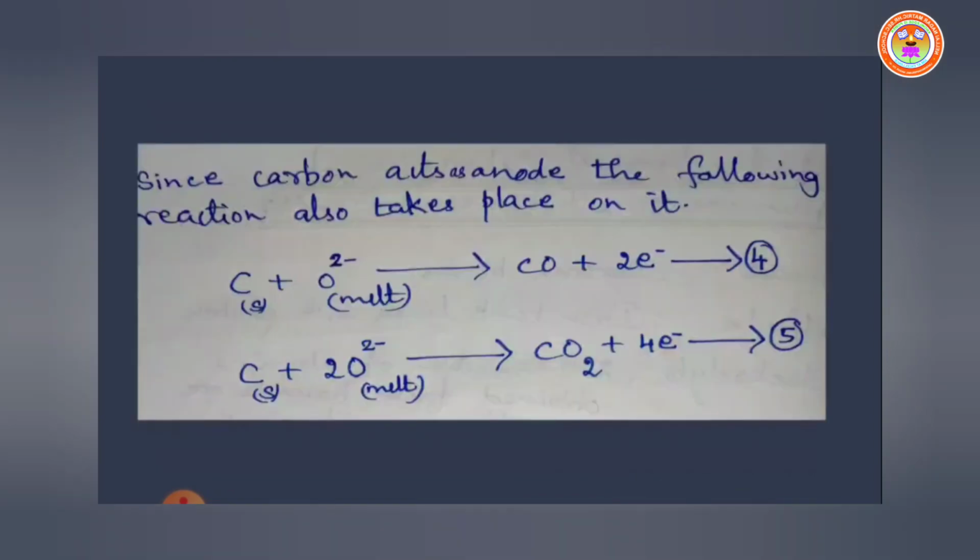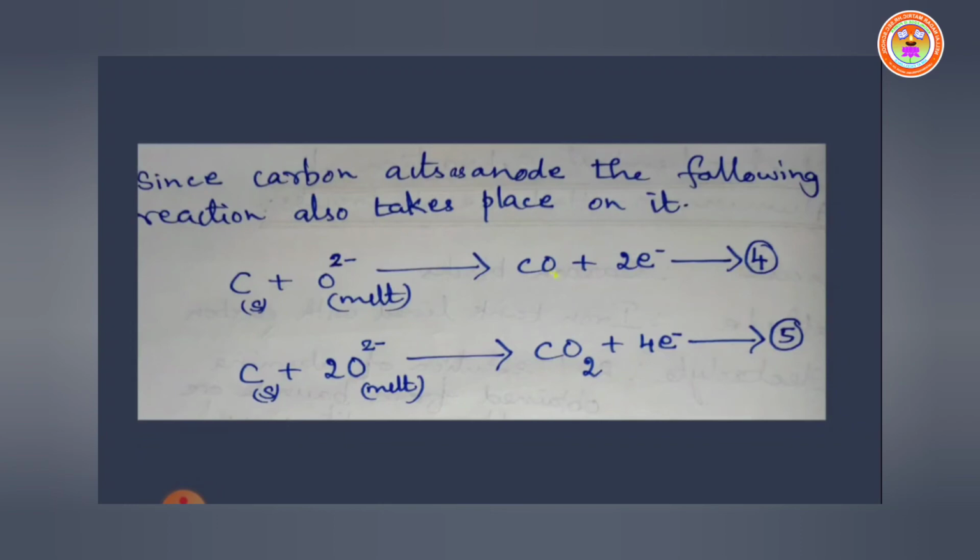Here carbon acts as the anode. During electrolysis, oxygen gas is evolved at the anode. The oxygen gas evolved at the anode may oxidize the carbon to carbon monoxide or carbon dioxide.